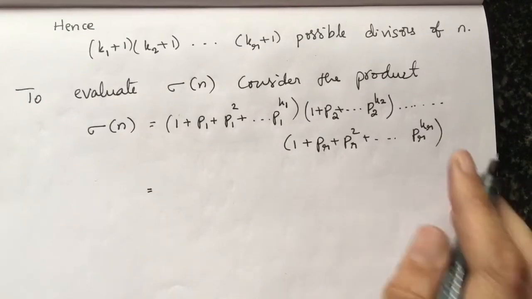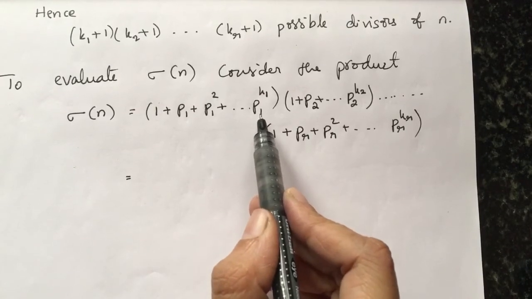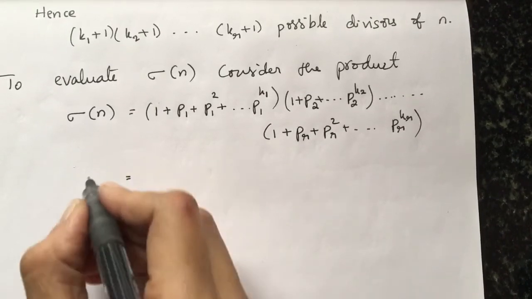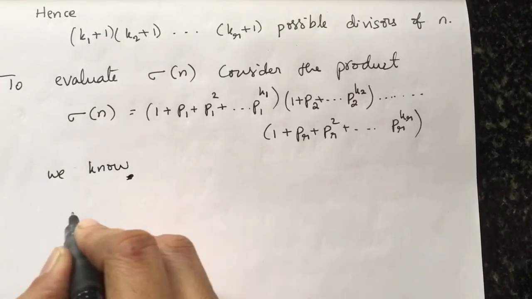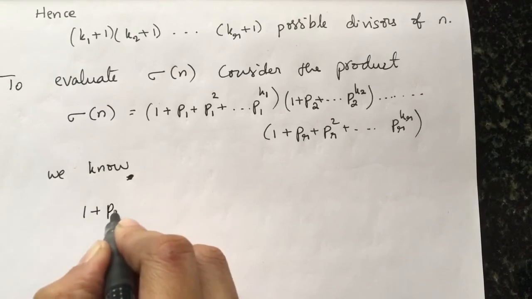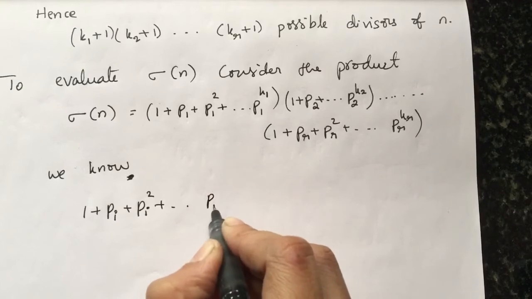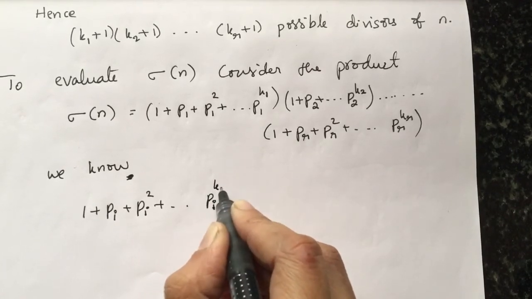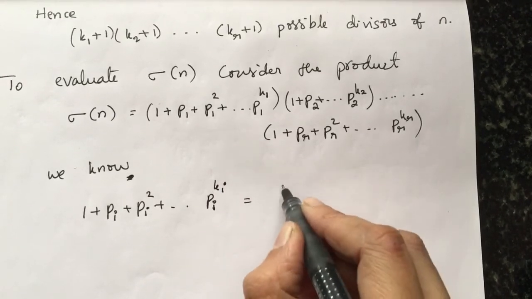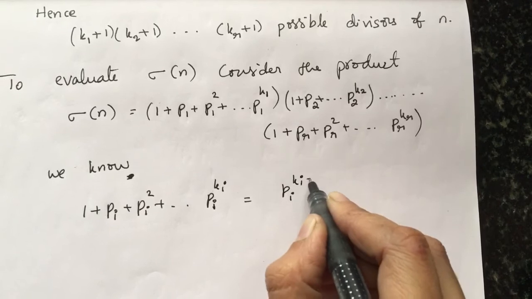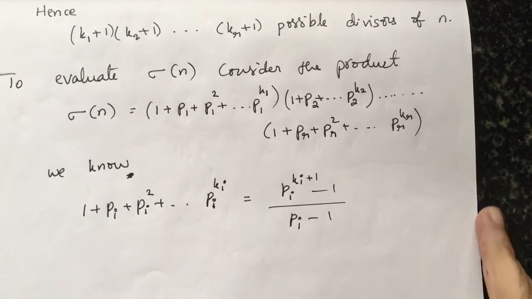Each factor is a geometric progression, the sum of a geometric progression. We know that 1 plus pi plus pi square up to pi power ki is nothing but pi power ki plus 1 minus 1 divided by pi minus 1. I hope you know this.